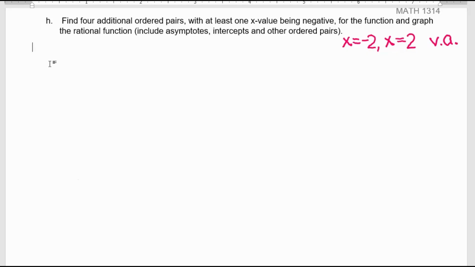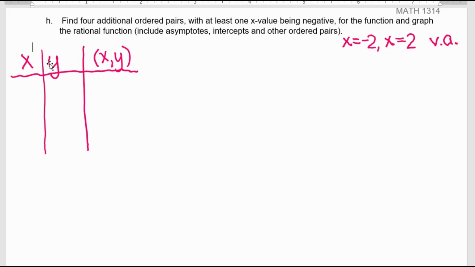Okay? We already know that x equal to -2 and x equal to 2 are our vertical asymptotes. We need 4 additional pairs. I'm going to create myself an XY chart because that will help me with the organization and help me write my 4 additional ordered pairs. If I am going to the left of -2, I get -3, which is my x-intercept.